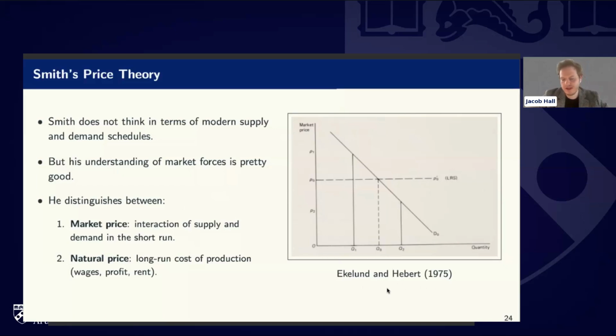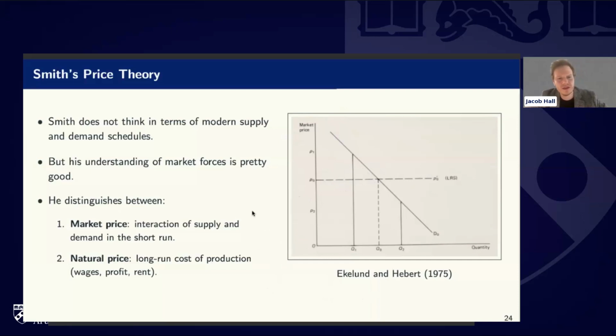Eklund and Hebert, I cribbed this from them, do textual analysis and try to force our modern concepts and modern curves onto Smith. This tracks. So the idea is that supply, as it were, is this natural price, and the market price equilibrates around it.